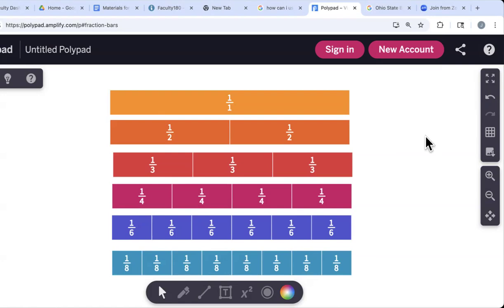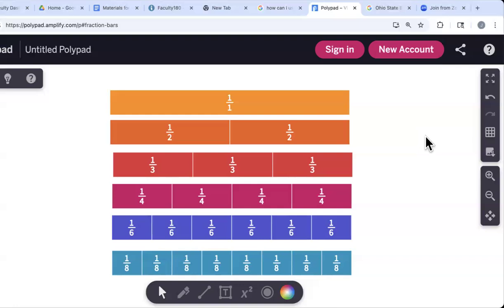I believe that these materials will really help you to see the relationship of fractions and to see that some fractions, even though their denominators are large, like 1/8, really are a smaller fraction than 1/2. So it seems to be the opposite of what you would normally be thinking.